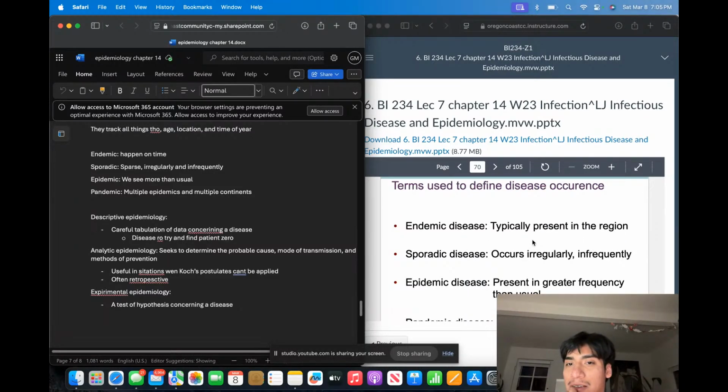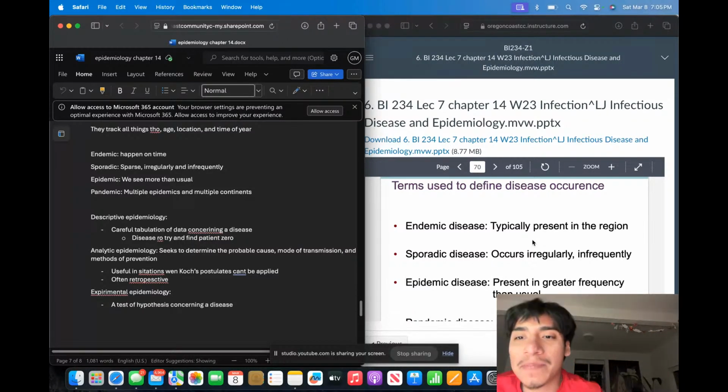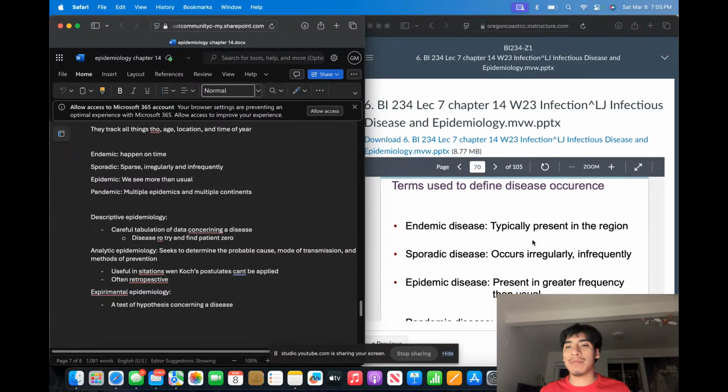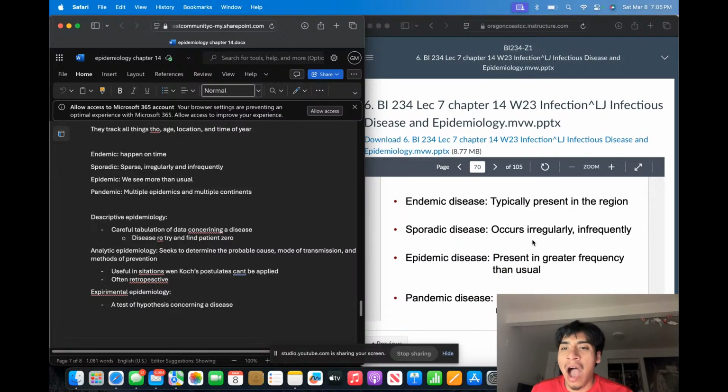Super cool. Terms used to define disease occurrence. Endemic disease is typically present in the region, like the common cold rolling around every winter.